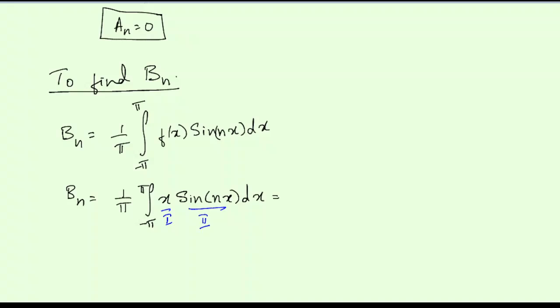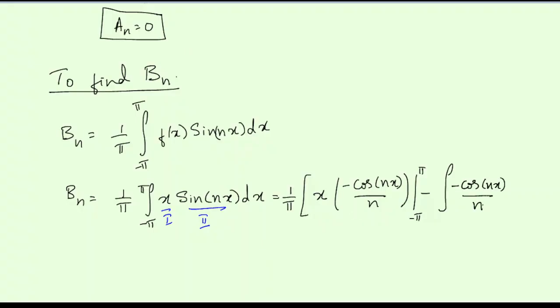Let me keep this as second. 1 by pi as it is I am going to write. First into integration of second, that is minus cos nx divided by n, minus pi to pi, minus integration of second is this itself, that is minus cos nx divided by n, integration of second into differentiation of first. Differentiation of first is dx, minus pi to pi.